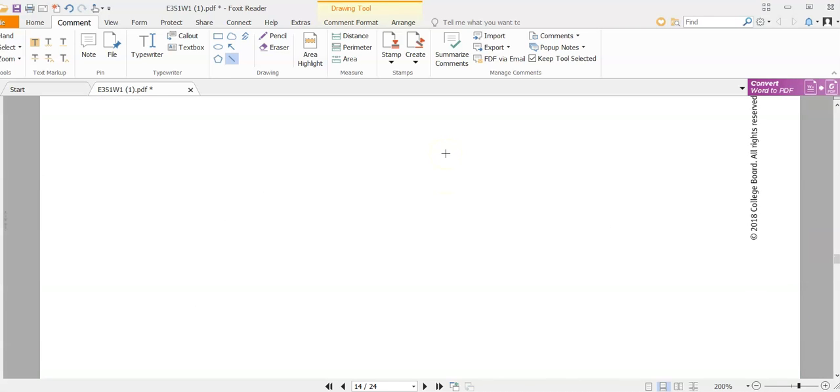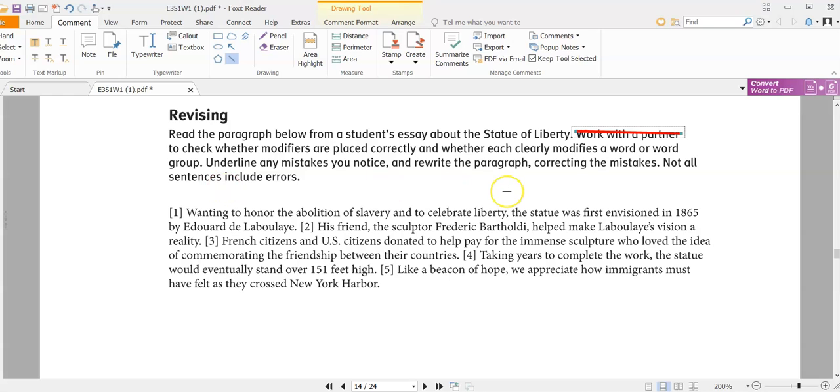So for this one, wanting to honor the abolition of slavery and to celebrate liberty, the statue, wait a minute, the statue can't want to do anything because it's a statue. It doesn't have a mind or anything like that. So the statue was first envisioned in 1865 by Edouard de Laboulaye.